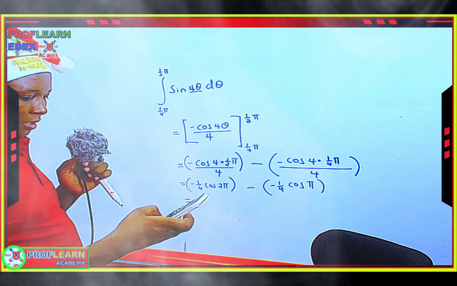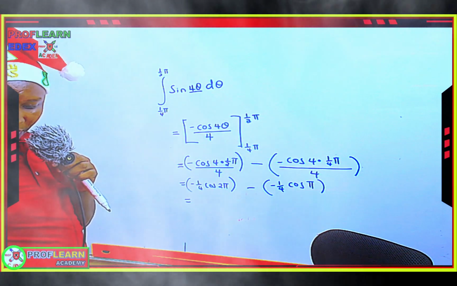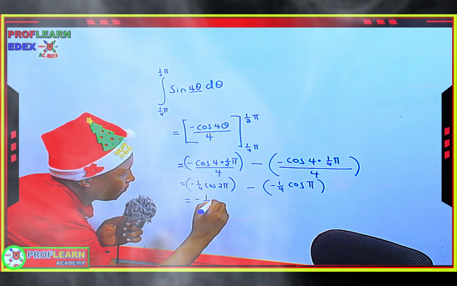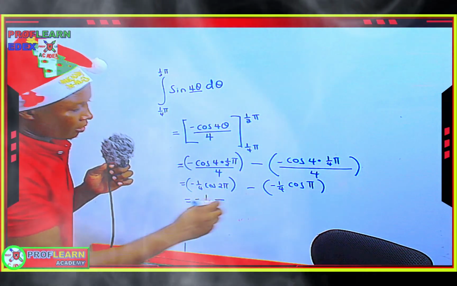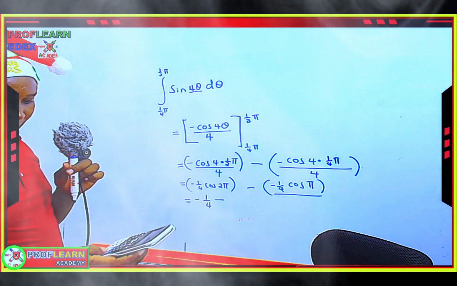The first part here is giving me negative 1 over 4, negative a quarter, minus, if I work out this, let me see what it's giving me.